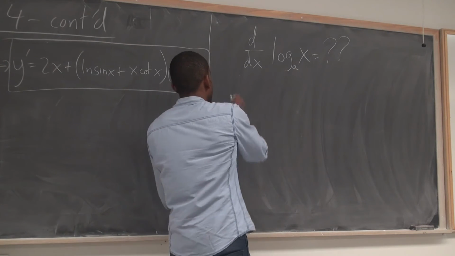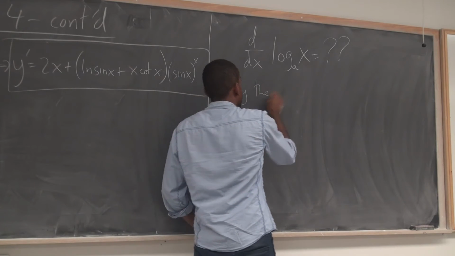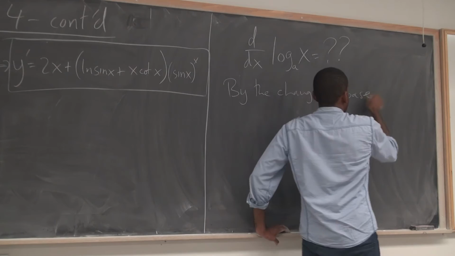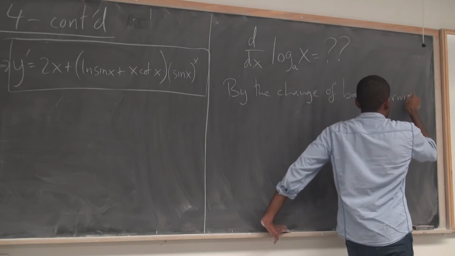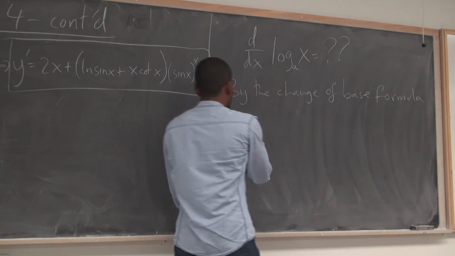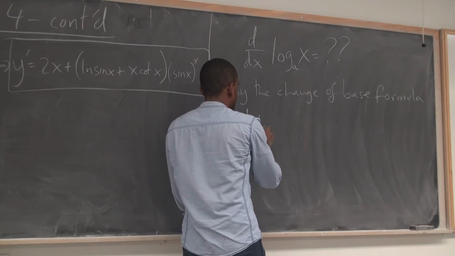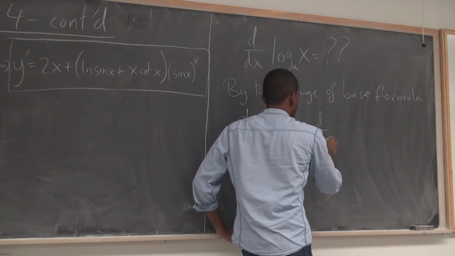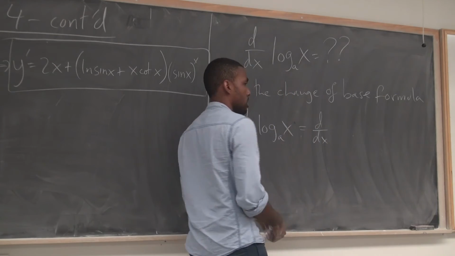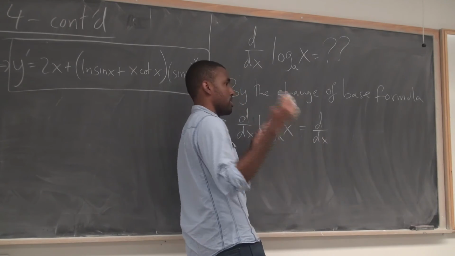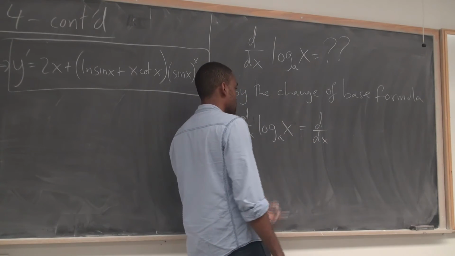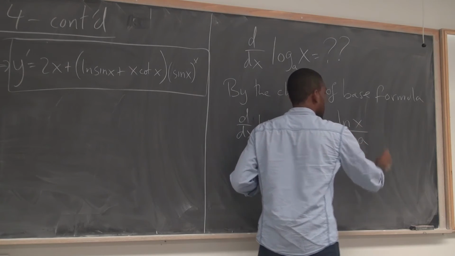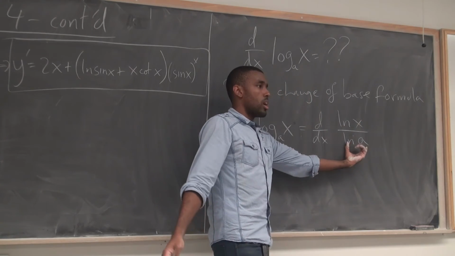So by the change of base formula, I can rewrite this guy in a convenient base. What's the convenient base for calculus? E, right? So I can rewrite this guy as ln x over ln a. Now remember, ln a is just a constant.